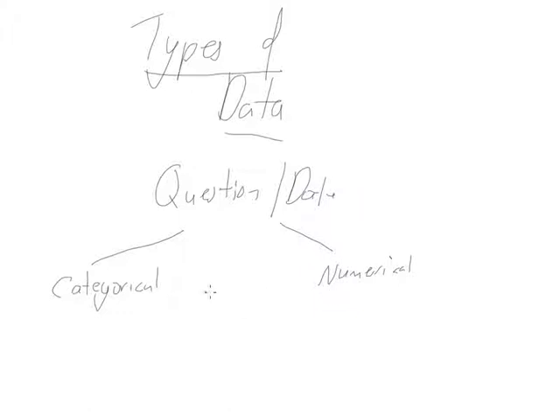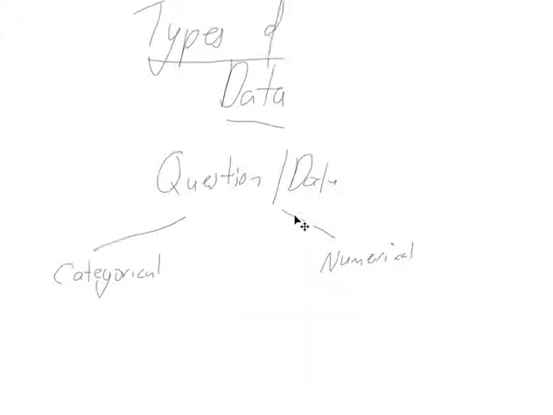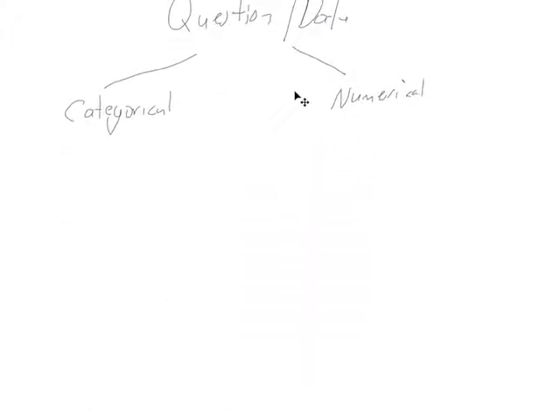Within these two, there are two more subcategories. So categorical data can either be ordinal or nominal. Ordinal data is data that has some sort of order to it.